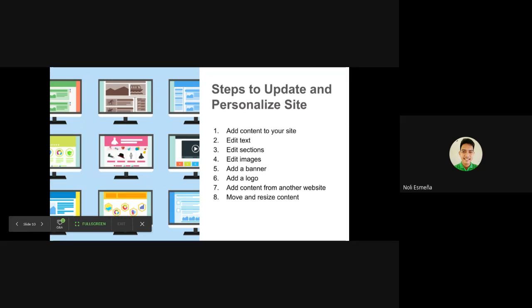Sir, how can I move this image? To move an image, click the image and hold it there, and then drag it to the location that you want. Okay, yan, nandito na siya sa kilid. Pwede rin dito. Ayan, ganun lang siya kasimple on how you can move the images.